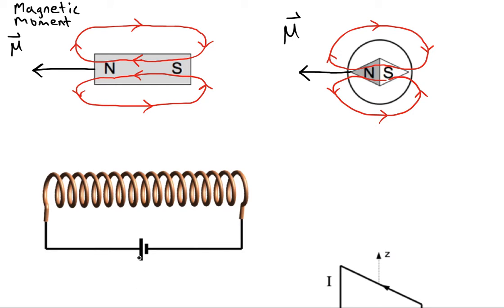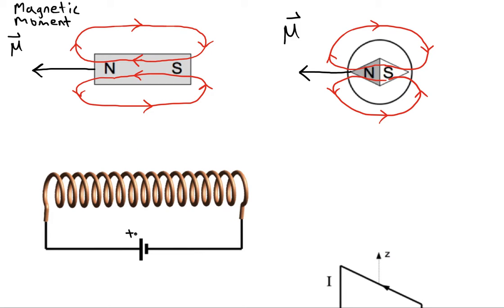We've seen that when a coil carries a current, then it can have a magnetic moment too, because it will have a magnetic field going through that coil. Now, if you remember, we had to use the right-hand rule in order to determine what direction the field will be going in this coil.